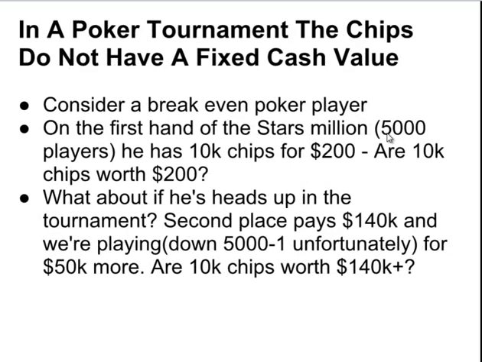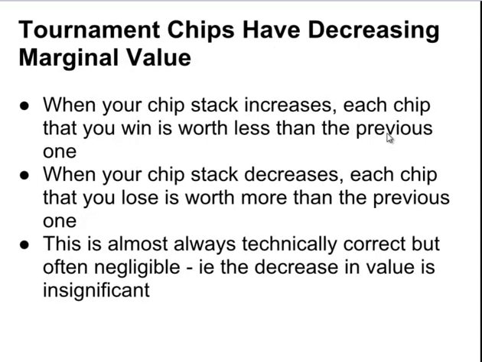Not only do tournament chips not have a fixed cash value, they also have decreasing marginal value. When poker players use that phrase, what we mean is that when your chip stack increases, each chip that you win is worth less than the previous one.